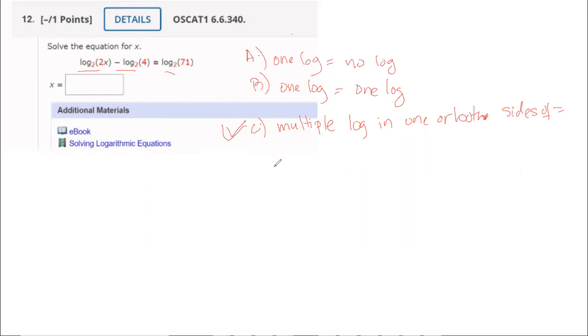Type C, I mean. If you have multiple logs, you need to condense them because they are in expanded form. If it's a minus, that means these two need to be divided. If it's a plus, these two need to be added.